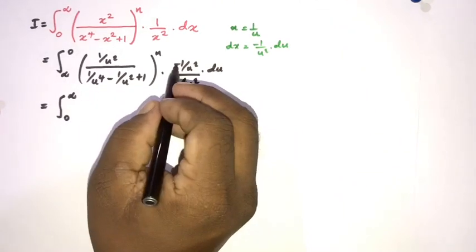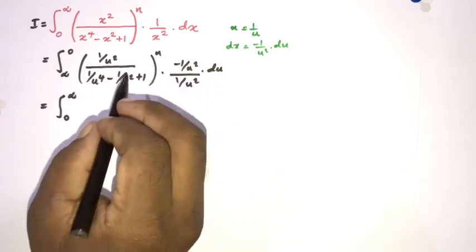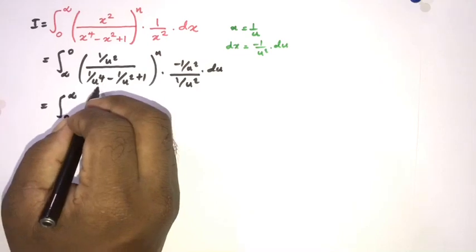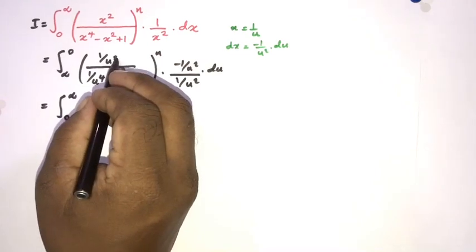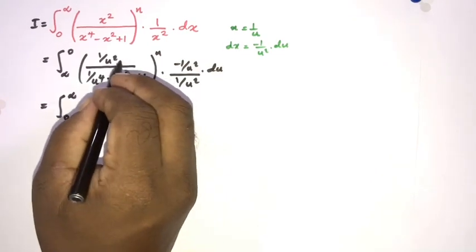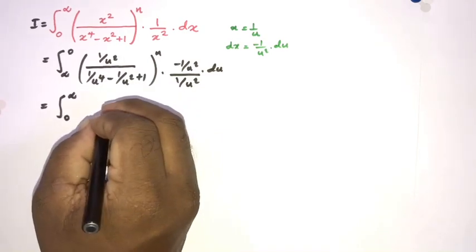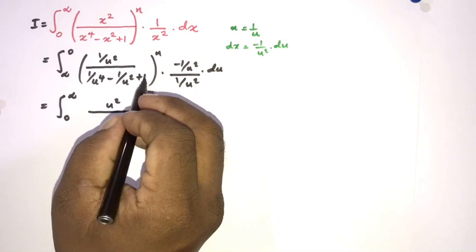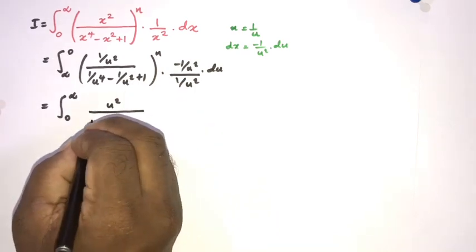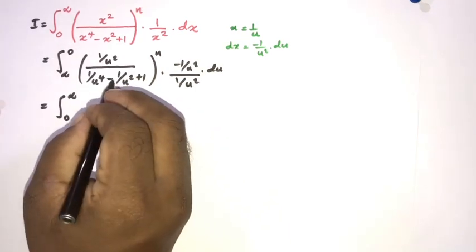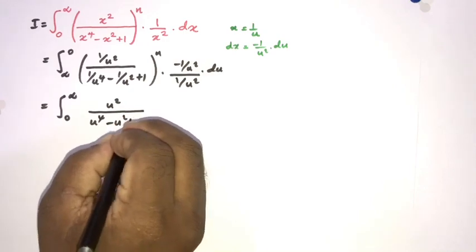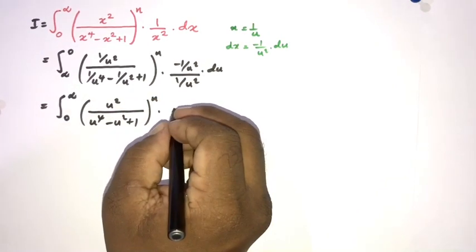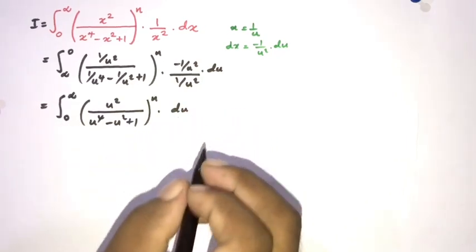When we change the boundary, the minus cancels, and we can simplify. If we take the common denominator u to the fourth power, the u squared cancels, and we will have u squared in the numerator. So u squared over (u to the fourth power minus u squared plus 1) raised to the n power, times only du.